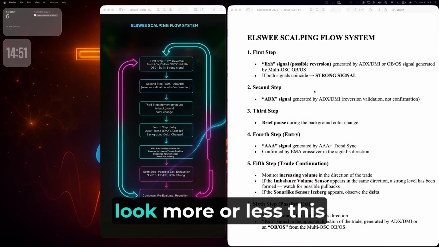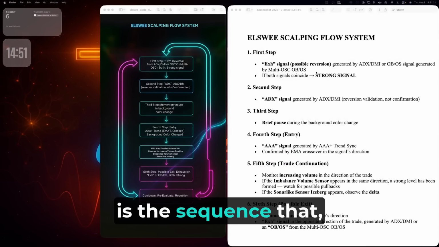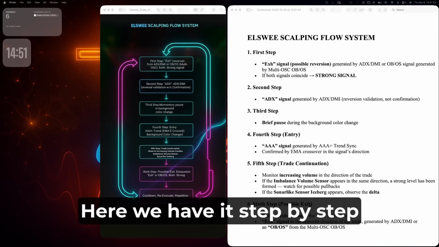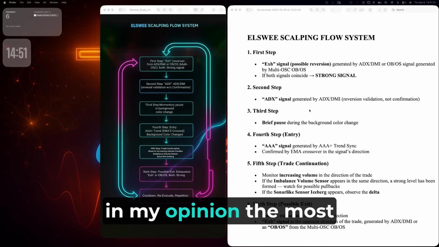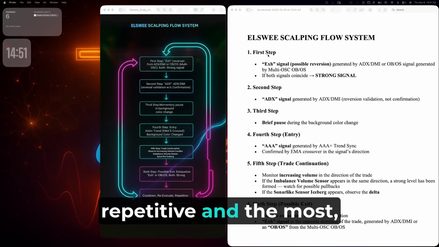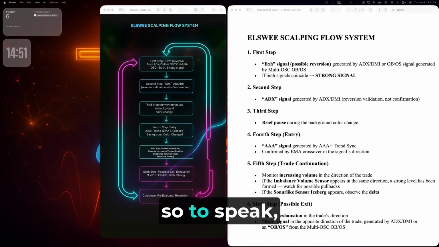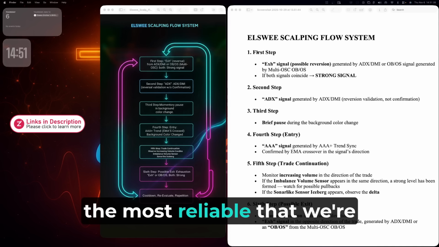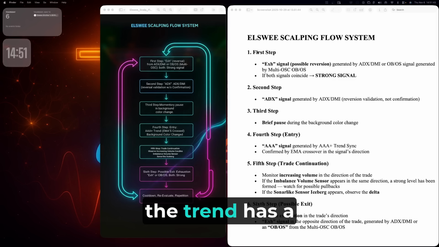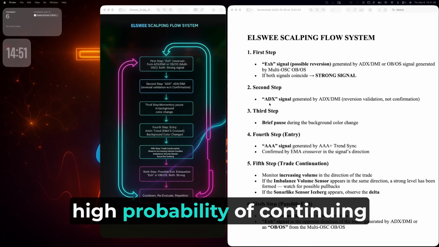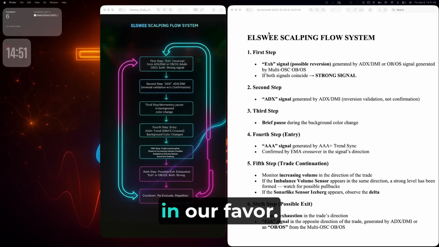Here, look, more or less, this is the sequence that we're going to find. Here we have it step by step. And these steps here are, in my opinion, the most repetitive and the most reliable, so to speak, showing that we're already in a trend, and the trend has a high probability of continuing in our favor.